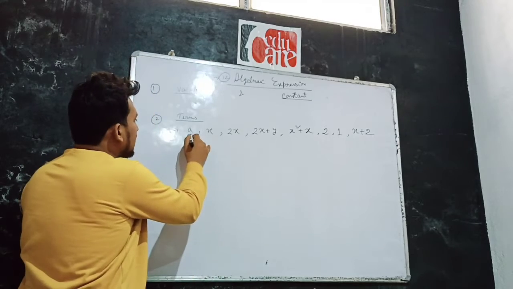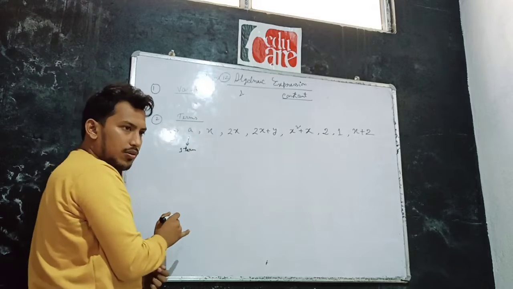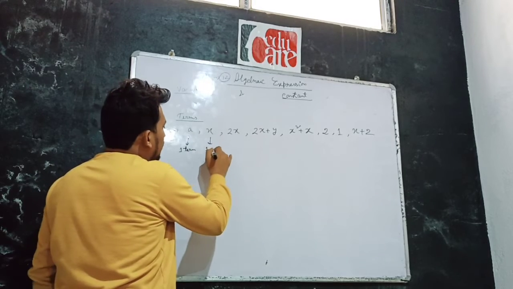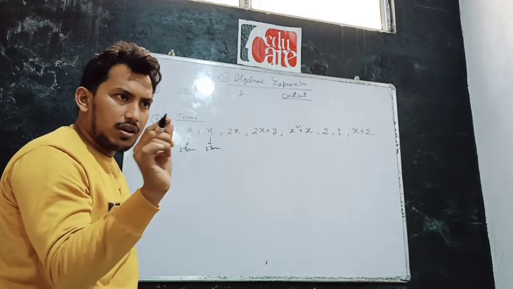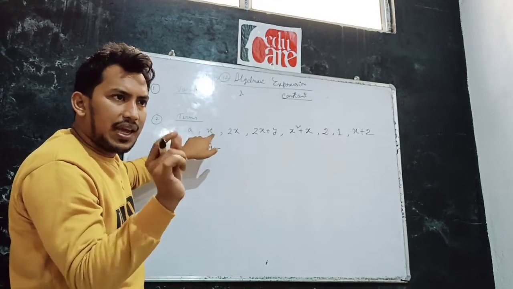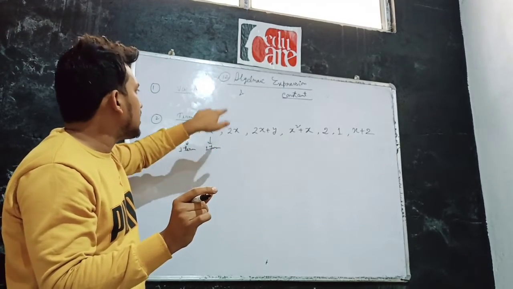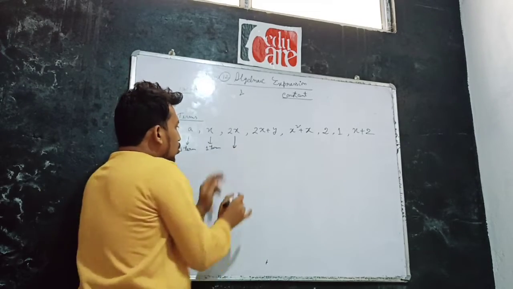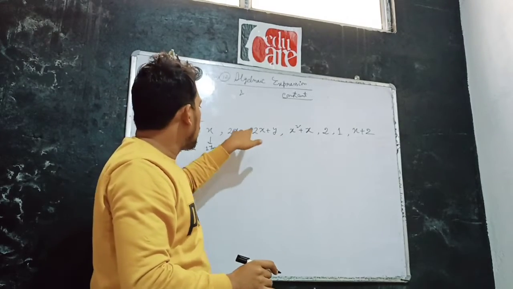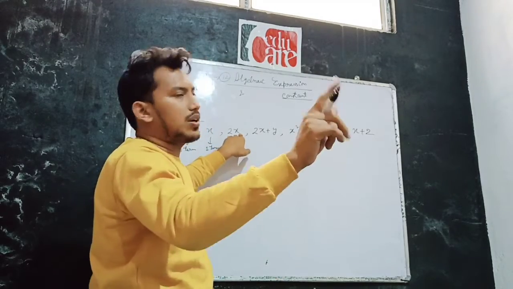See, it has only one term. A number or a variable, a letter, is represented in this algebraic expression. Here, 2 into x is represented as one term only.